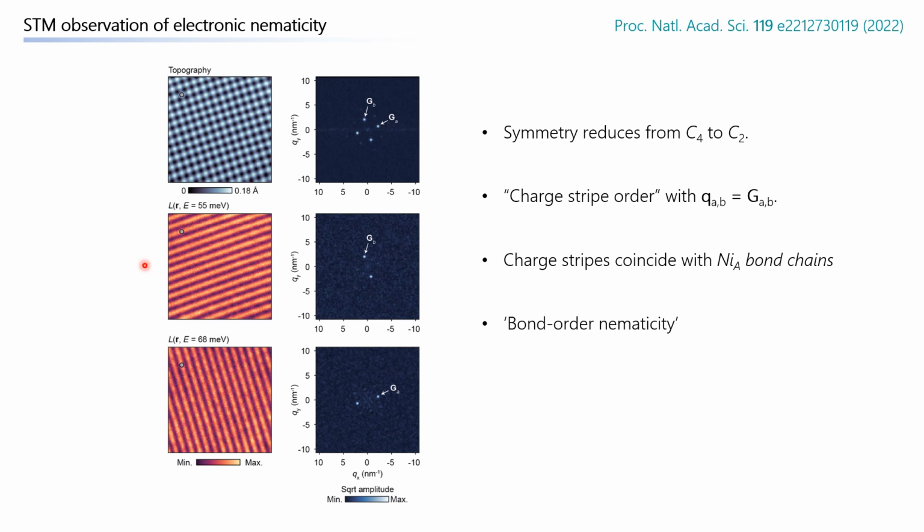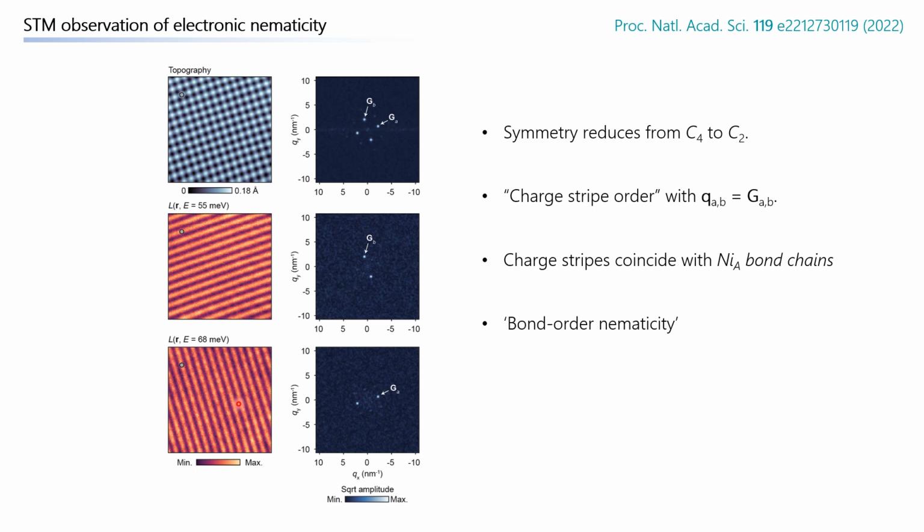And what we see here is a striking feature, which is an unexpectedly low symmetry in the density of states. So the symmetry is reduced from C4, which is expected for this surface, down to C2. In fact, a pair of C2 striped patterns.